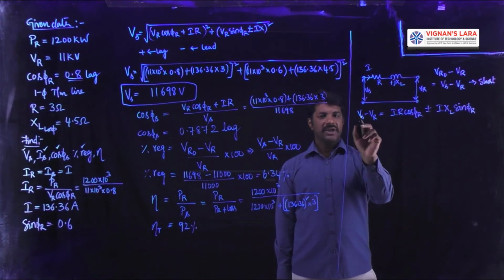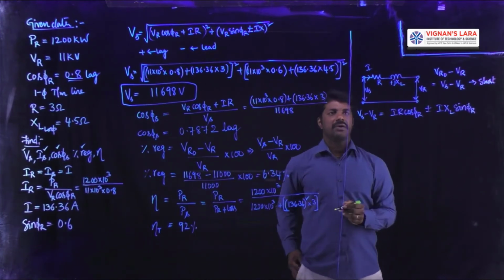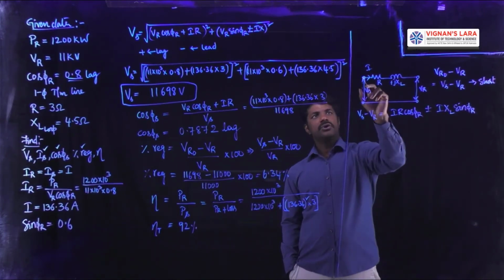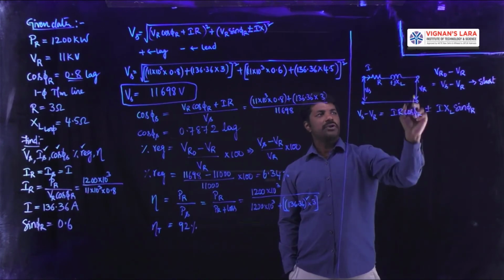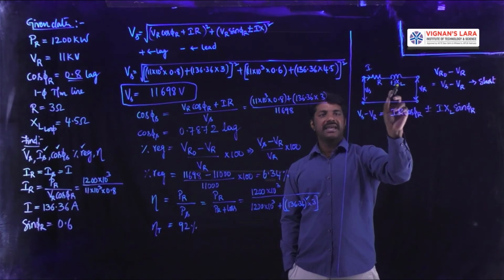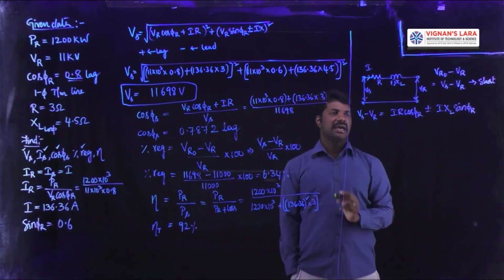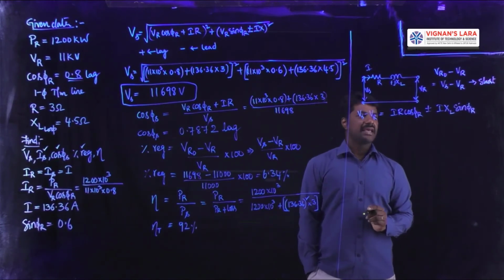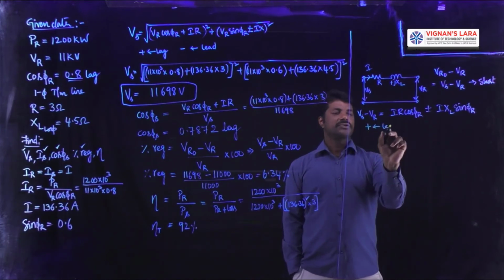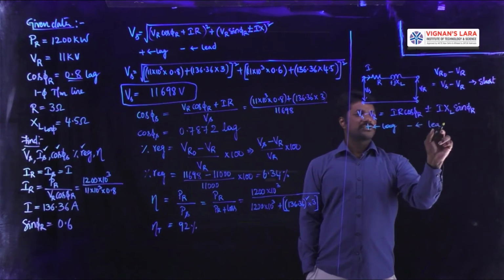Then this Vs minus Vr can be obtained with a direct formula also: the difference Vs minus Vr is equal to IR cos phi R approximately, plus or minus I into XL sin phi R. This is the difference drop, which is similar to the transformer you have already studied in the previous semester, where the no load voltage and full load voltage differ in terms of R2 plus jX2. Plus is for lagging loads, and minus is for leading loads.